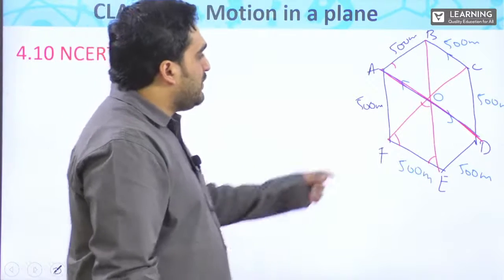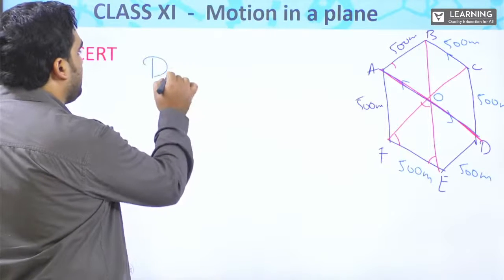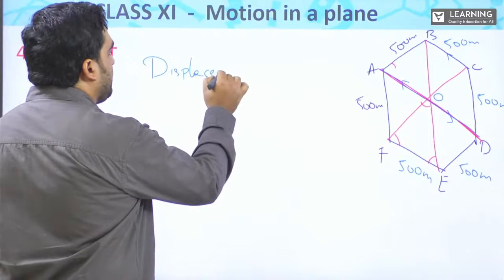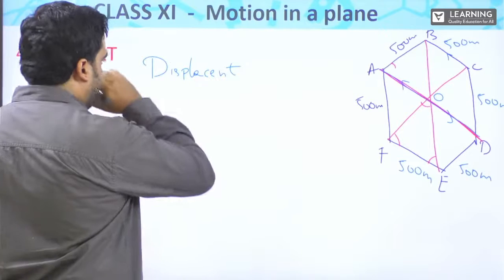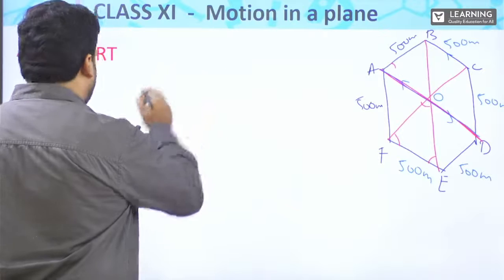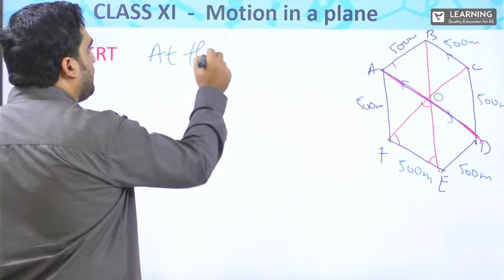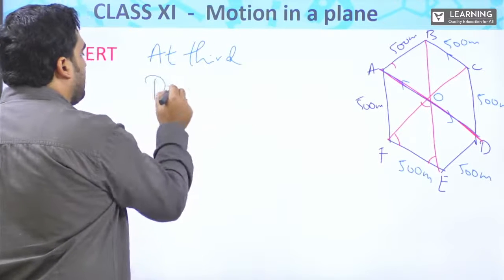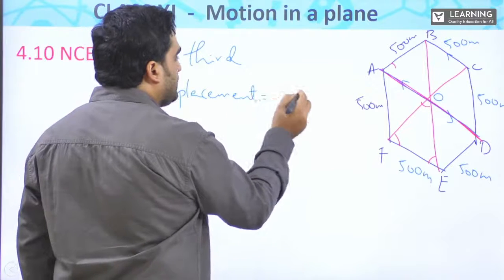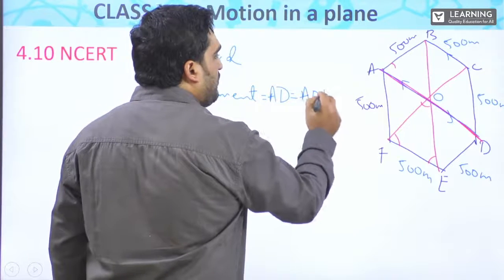So to find the length of AD, the displacement at third turn, AD is equal to AO plus OD.